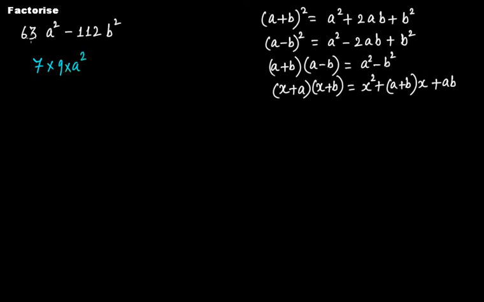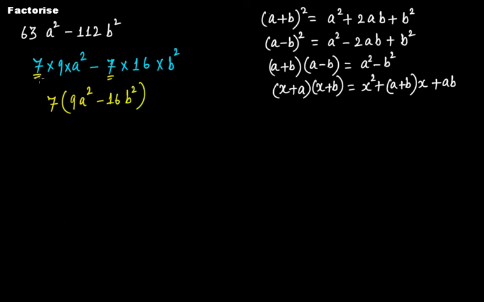Why? 7 times 9 is 63. Minus, this can be written as 7 times 16 multiplied by b squared. Now this 7 in this term and this 7 in this term of the algebraic expression is the common factor in both of these two terms. Take this 7 out common, and then inside the bracket you will have 9a squared minus 16b squared.